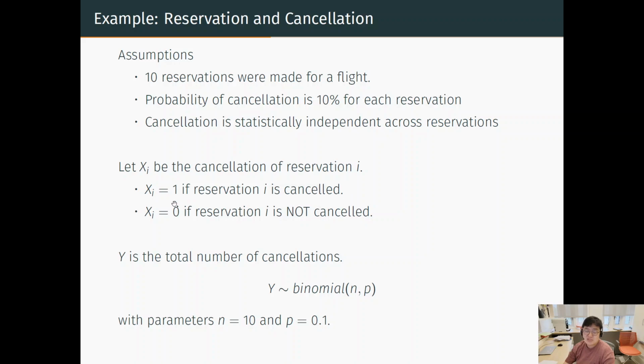So cancellation is denoted as 1. Non-canceled tickets are denoted as 0. If it is not canceled, that means the ticket holder is going to travel. Then Y is the total number of cancellations, which follows the binomial distribution with parameters n, p. So basically the same structure as the coin flip and online quiz examples. I am going to use this example to explain a lot of things.